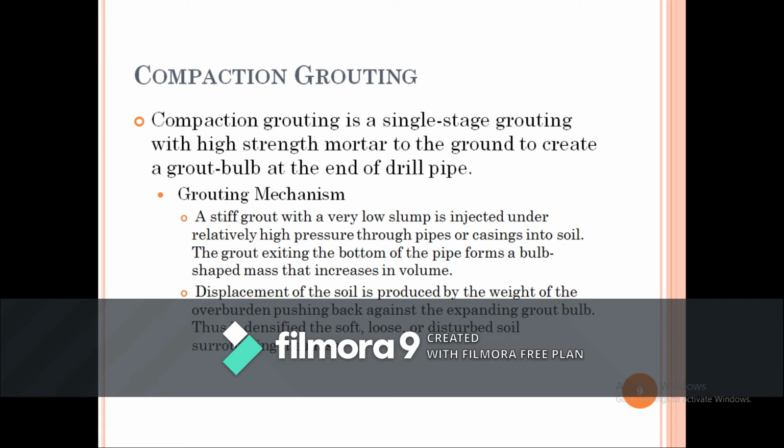When it is causing that, all the soil molecules getting nearer to this grout bulb, it will increase. Thus it densifies the soft, loose or disturbed soil surrounding the mass. So that is how it is going to happen. This is your grouting process, the compaction grouting process.